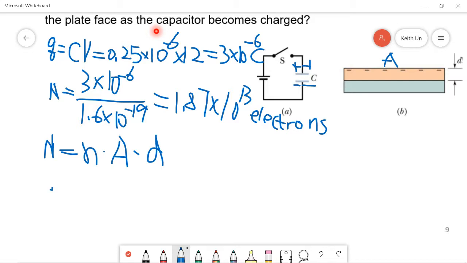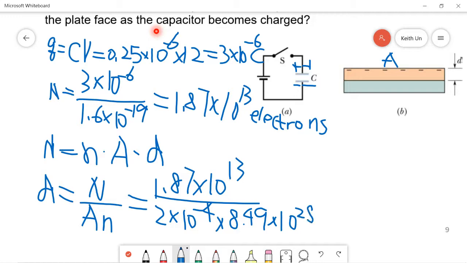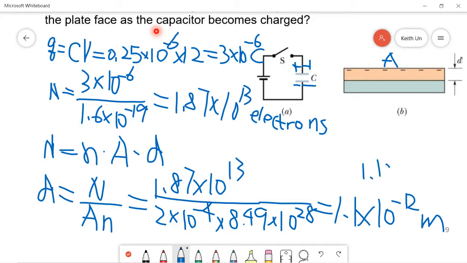So we get D equals N over AN. We plug in all the values, and the answer will be 1.1 times 10 to the minus 12 meter, which is 1.1 picometer.